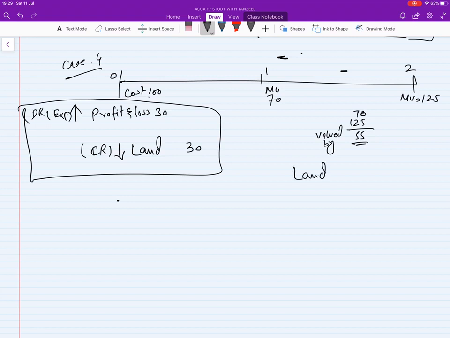First, debit asset is increasing, so debit land 55. Now the thing is, the standard says if you have any reserve, you reverse it. If you have a loss, you were having a reserve before, we reverse the reserve.